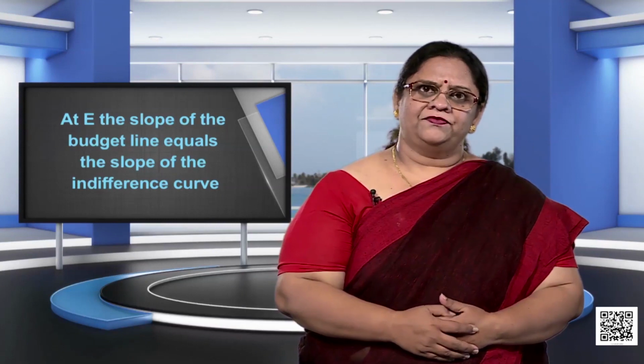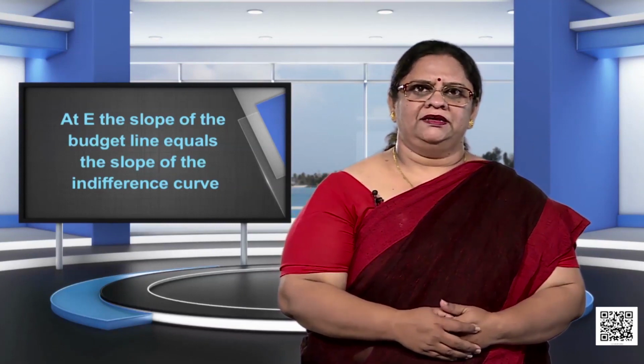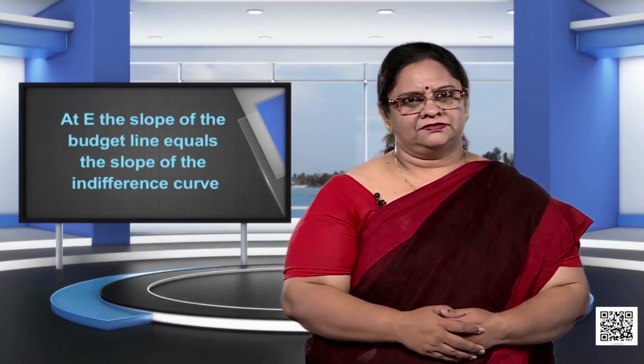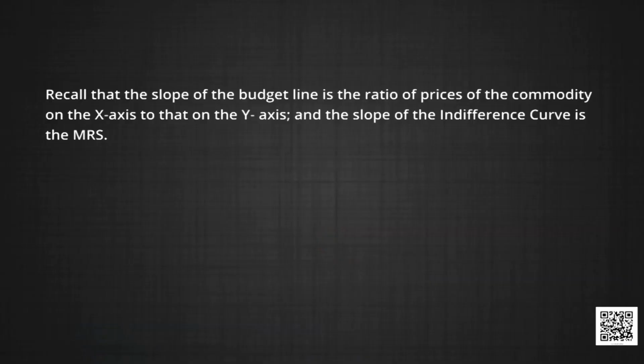At E, the slope of the budget line equals the slope of the indifference curve. Recall that the slope of the budget line is the ratio of the prices of the commodity on the x-axis to that on the y-axis. And the slope of the indifference curve is the marginal rate of substitution.